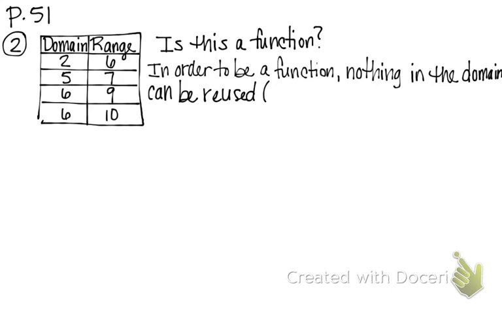And if you think you might forget what the domain is, you can make yourself a little note in parentheses that says, no x's can be used twice. So to find out if it's a function or not, make sure that nothing's reused in the domain. That's it. It doesn't matter about the range at all. It's just the domain. So this one is not a function.